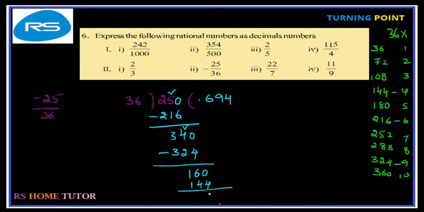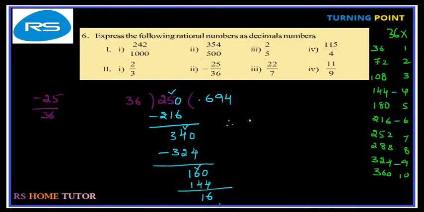So again what I am getting here, the remainder is 16. Earlier I got 16 as a remainder, again here also I got 16 as a remainder. So definitely 16 will repeat. So that's why it will go on like that, 4 will continue infinite times.